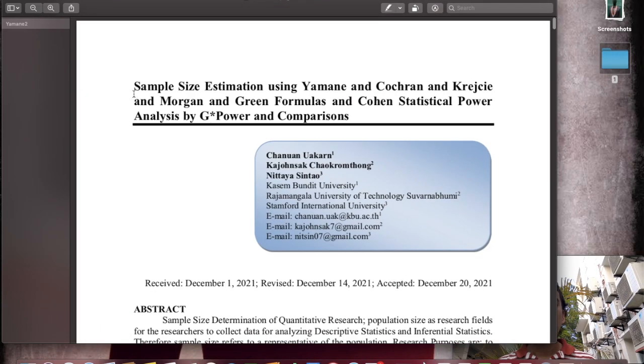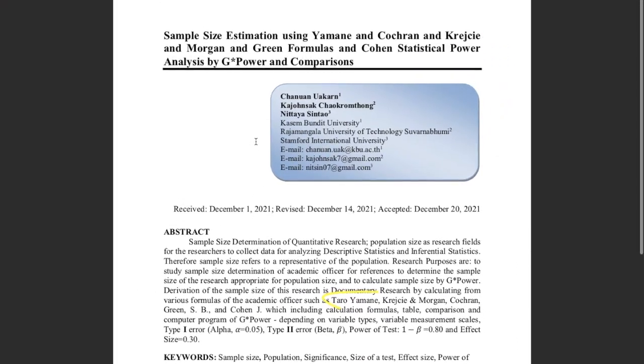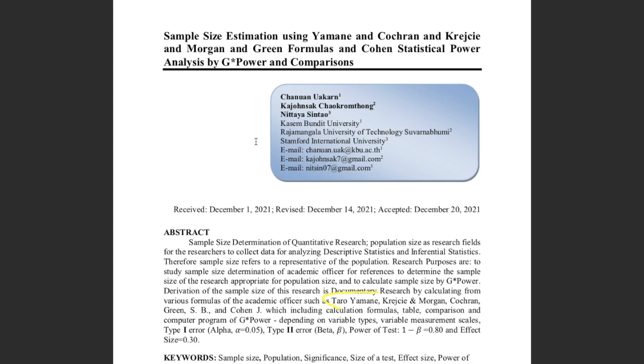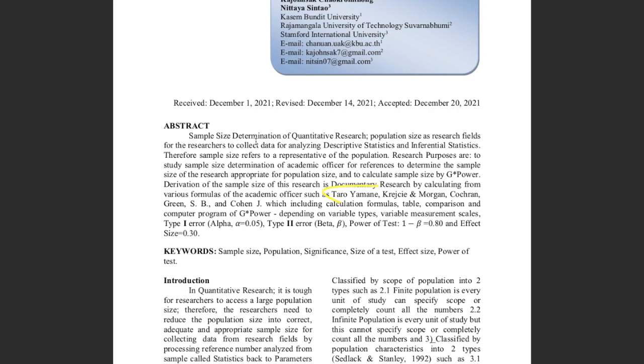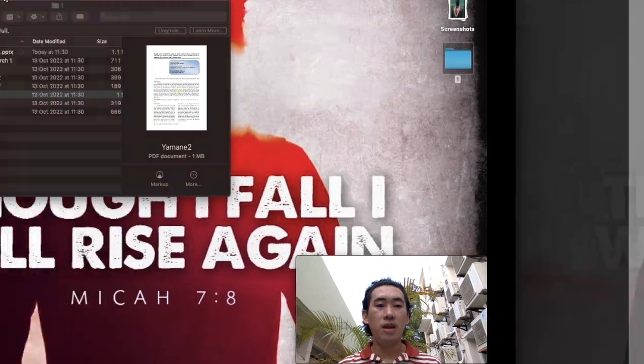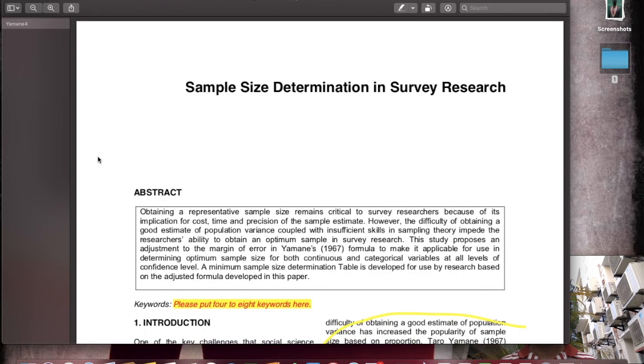Other support to this is an article on sample size estimation using Yamane, Cochran, and Krejcie and Morgan. They have also been using Taro Yamane as a formula. And we also have sample size determination in survey research.